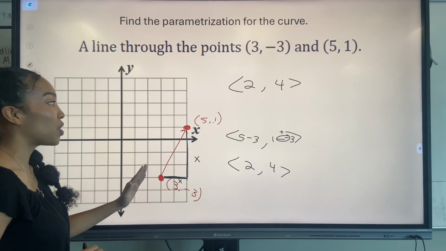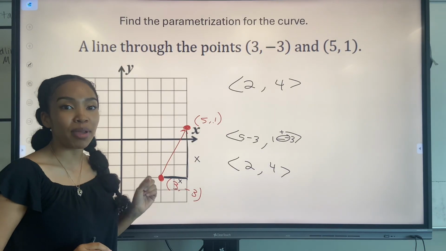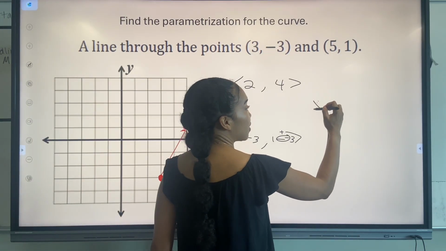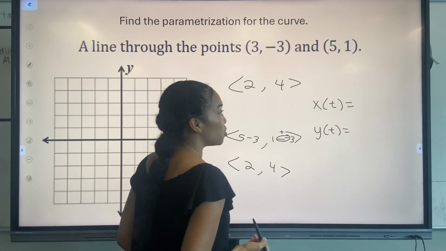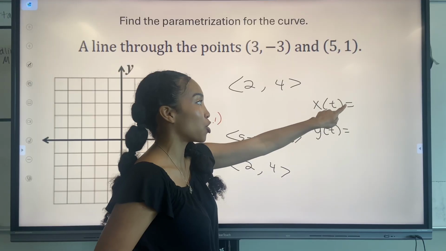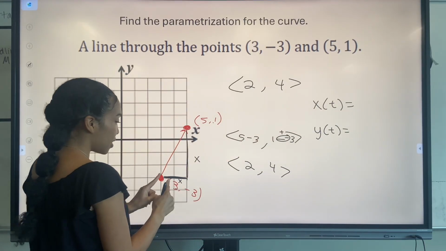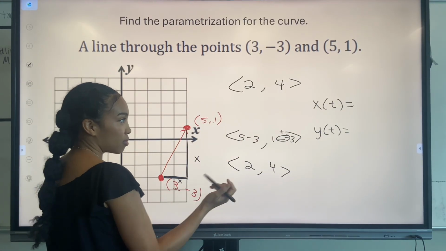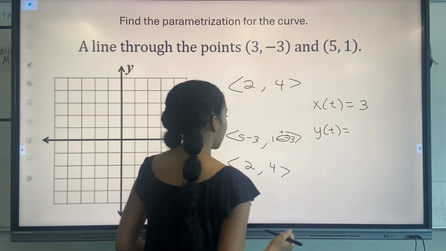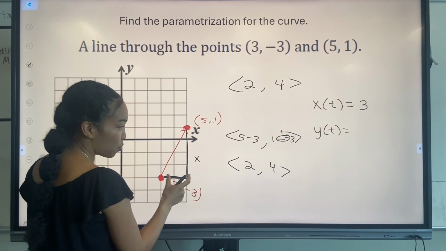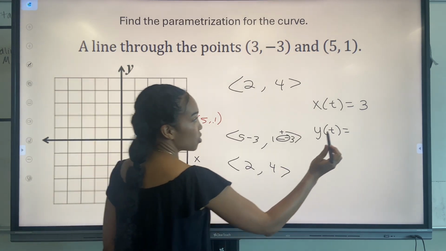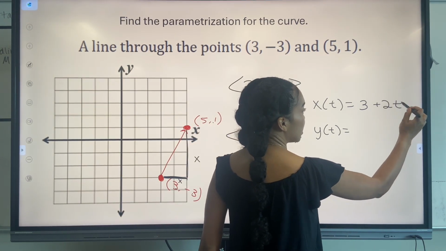Now, we want to know the line. And remember, with parametric equations, you're going to have an x equation and a y equation. The way you do that is you put your initial points first. So your x started at 3, and to get to the next point, you went to the right 2 spaces, so I'll put plus 2t.